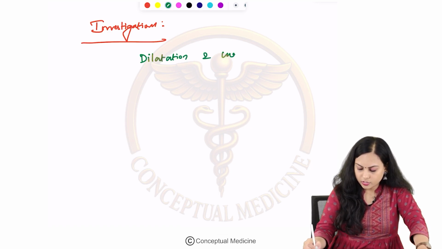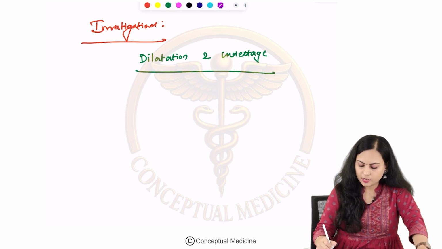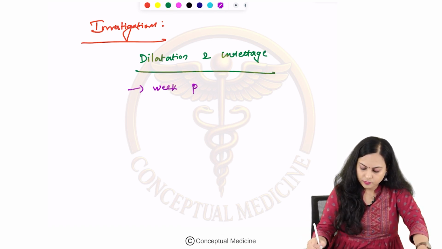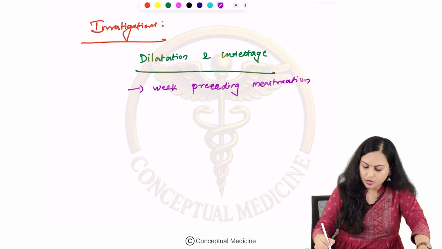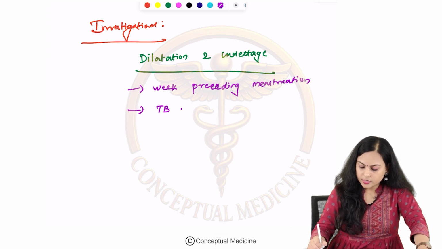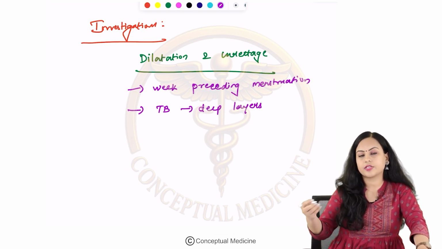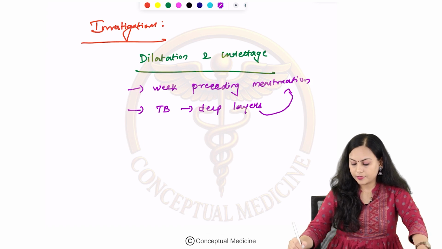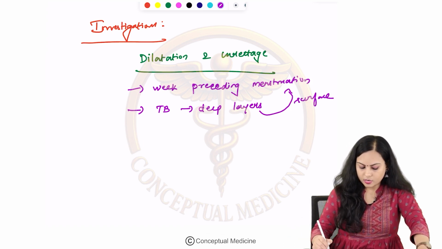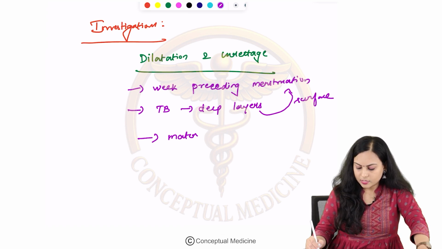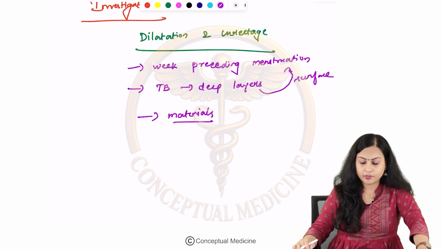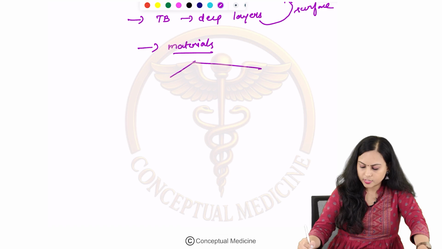We have to perform dilatation and curettage. And this is mostly performed in the week preceding menstruation, because the tuberculosis is usually present in the deep layers and comes to the surface only during this period. Materials that is sent to the laboratory is divided into two portions.